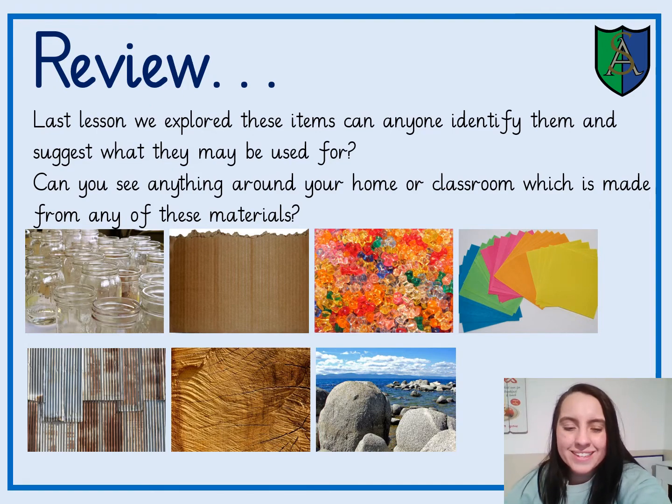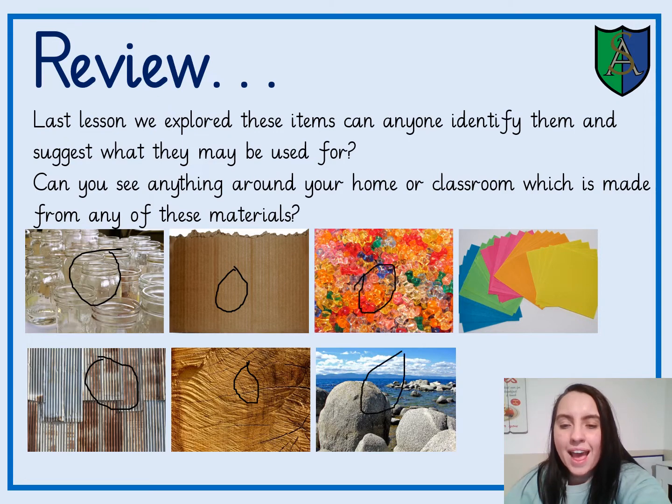Okay, I spotted that in the pictures we've got glass, metal, cardboard, sand, plastic, stone and paper. Looking around my home now, I can see that my window is made from glass. I can see that Ellis's toys are made from plastic.